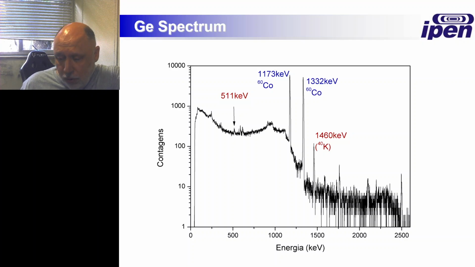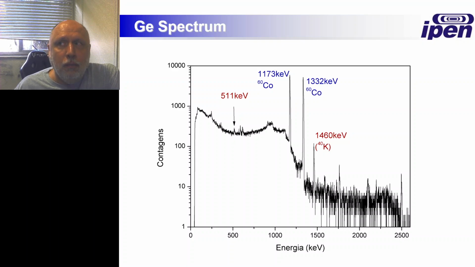So we handle the source, we handle things, and we start depositing potassium everywhere. So there's potassium. And there's also a small peak at 511 kilo electron volts. These two radiations are above 1022 kilo electron volts, which is what's needed for pair production.